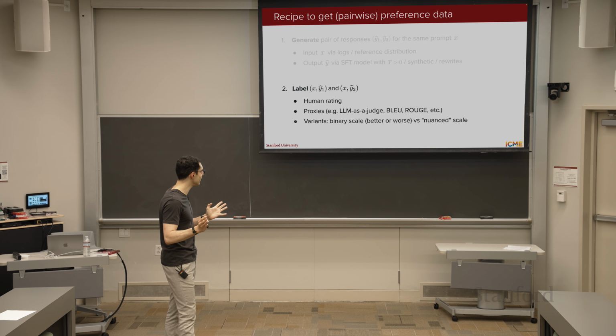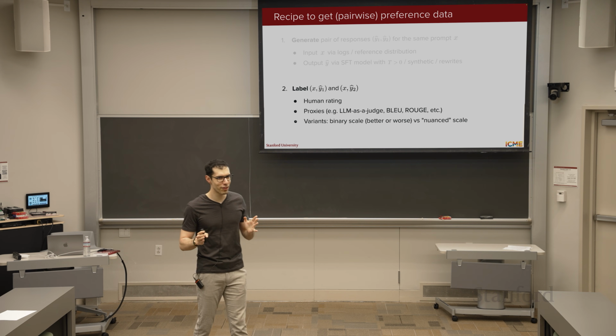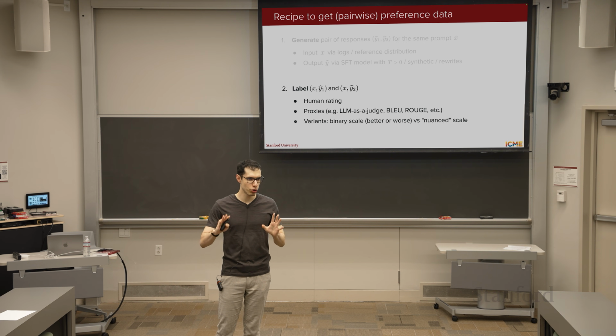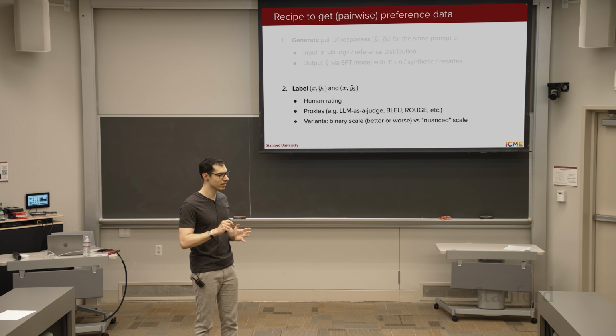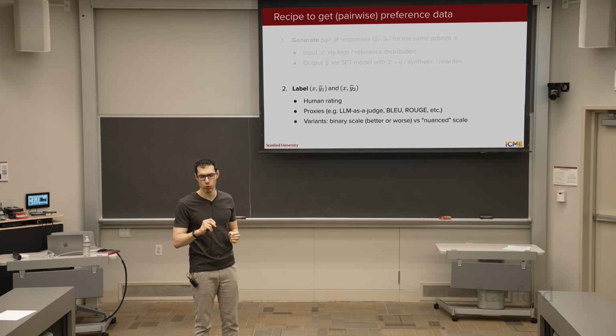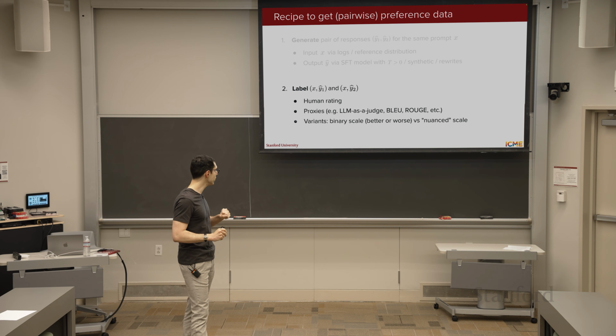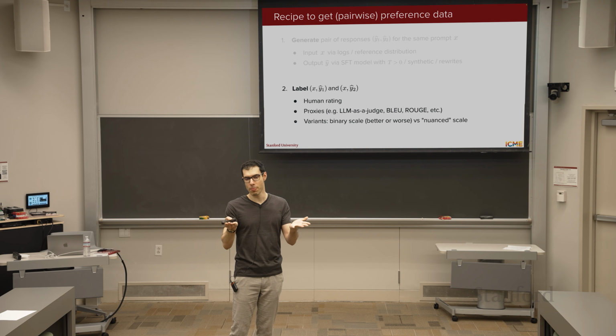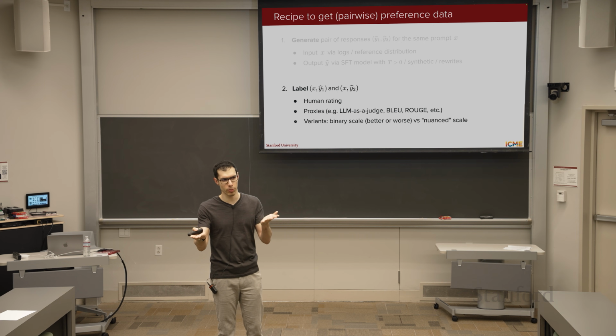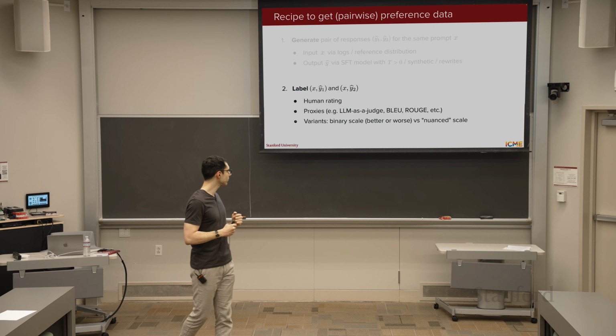So I'll just list a few. We have LLM as a judge, which you may have heard of, which we have not seen yet, which we will see in a few lectures. That is also typically used to compare how much better one observation is compared to another.